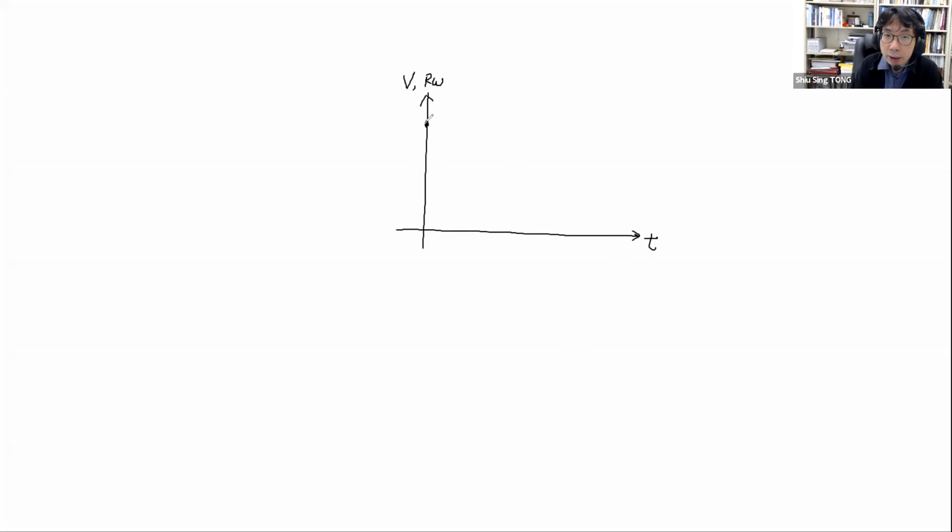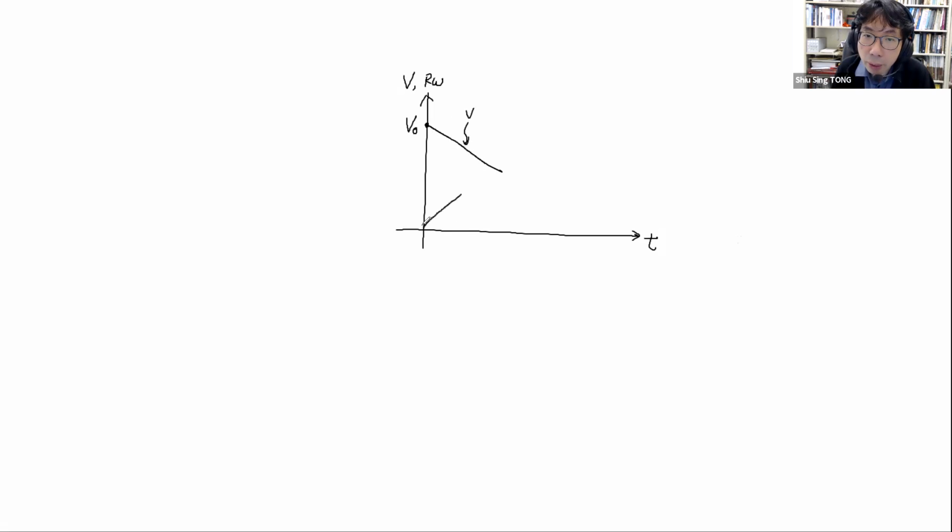Initially, if we draw a curve of V first, the body has a linear velocity V0, right? And due to the frictional force between the ball and the table, the velocity decreases like this. We assume the frictional force is constant. So there's a constant deceleration, and so the velocity decreases in a linear way. But the frictional force also accelerates the rotation. Now this is the curve of V, okay?